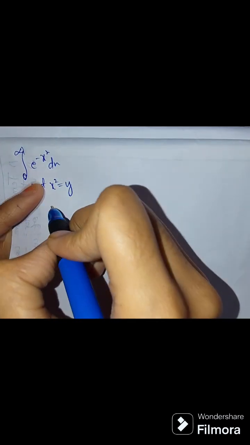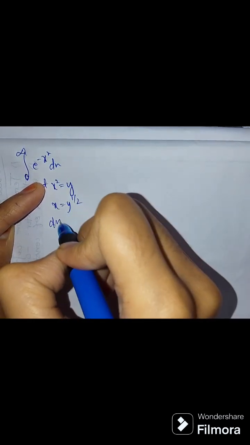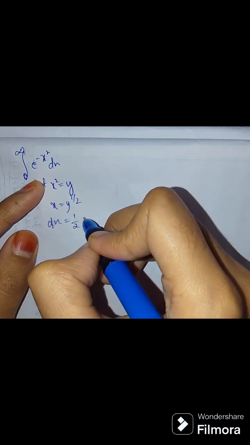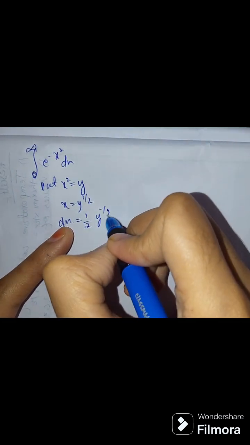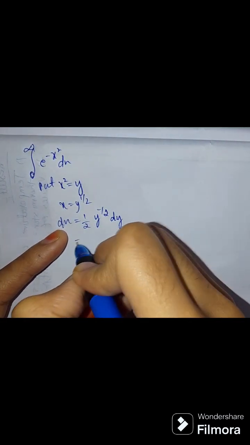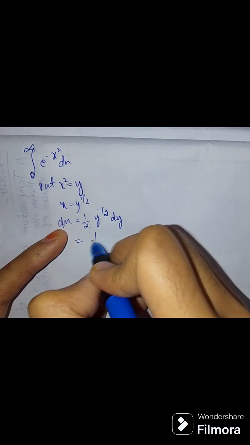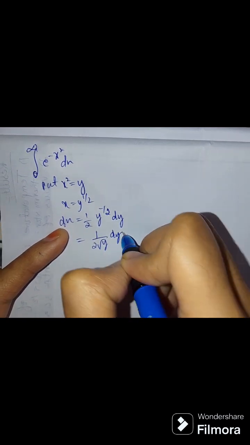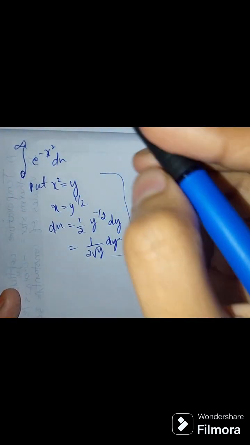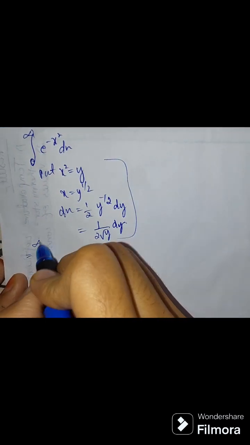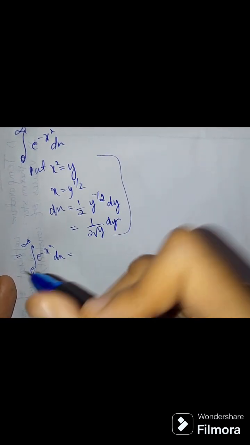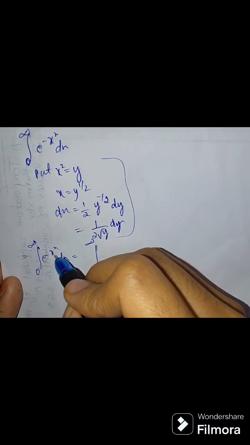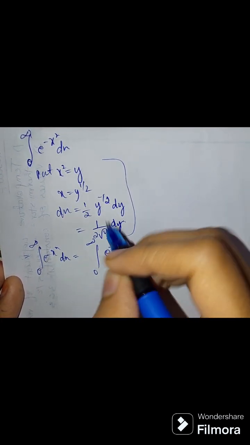So x will be y power 1 by 2, dx will be 1 by 2 y power minus 1 by 2 dy, or I can write it as 1 by 2 root y dy. Now I'll put this in here. So I'll be getting 0 to infinity e power minus x square dx. Will the limits change? No, same. 0 to infinity e power minus y by root y.